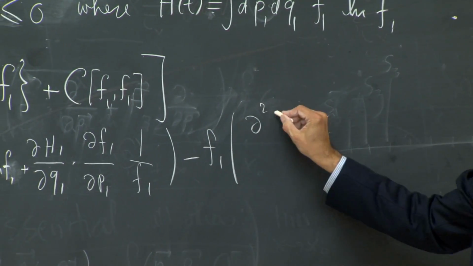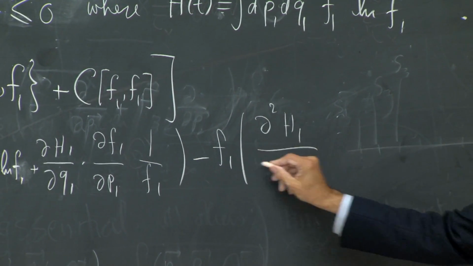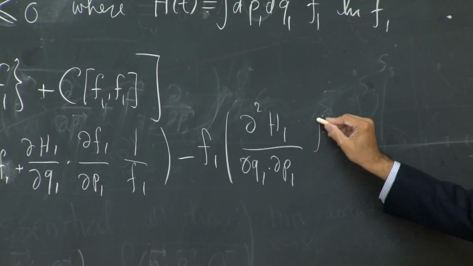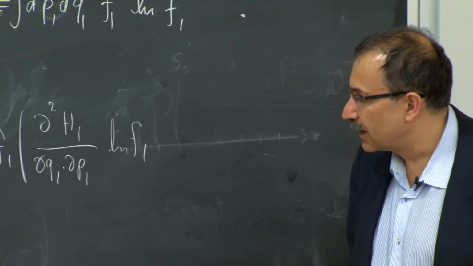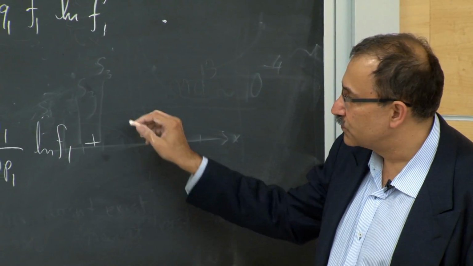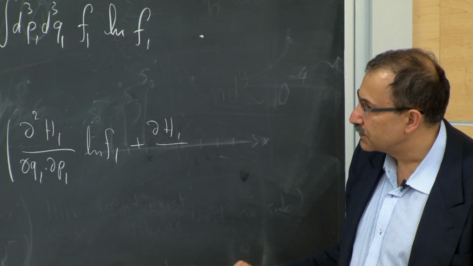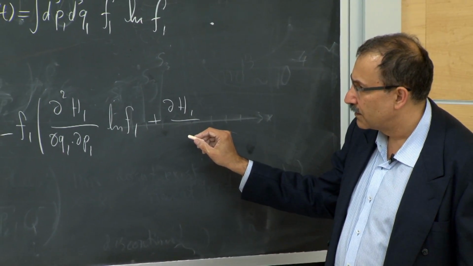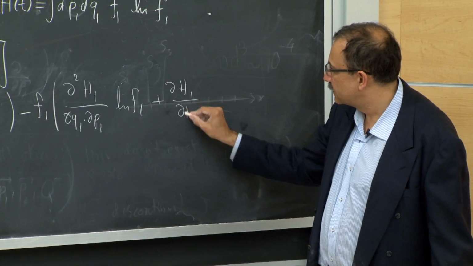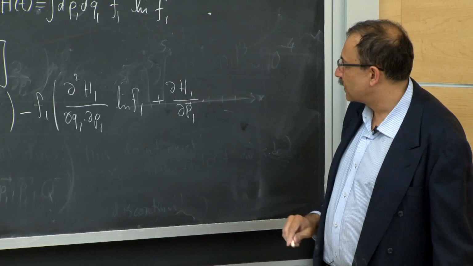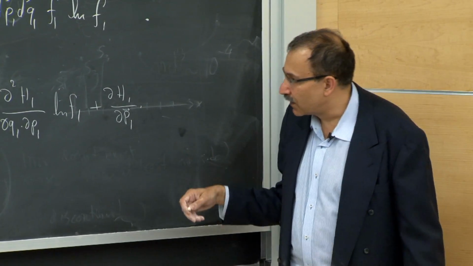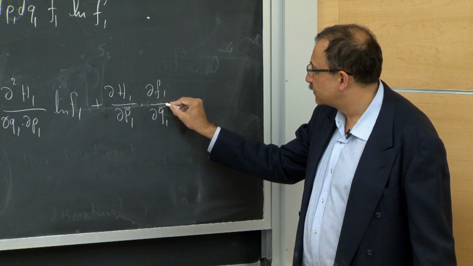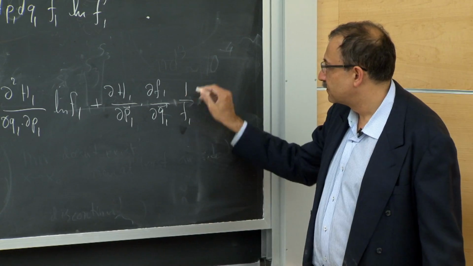I have d2 H1, and now the other order of derivatives, dQ1 dP1. Now make sure I write down the log of F1, and then I have dH1 with respect to dQ1 dP1, and then I have a dot product with the derivative of log F, which is the derivative of F1 with respect to Q1 and 1 over F1.